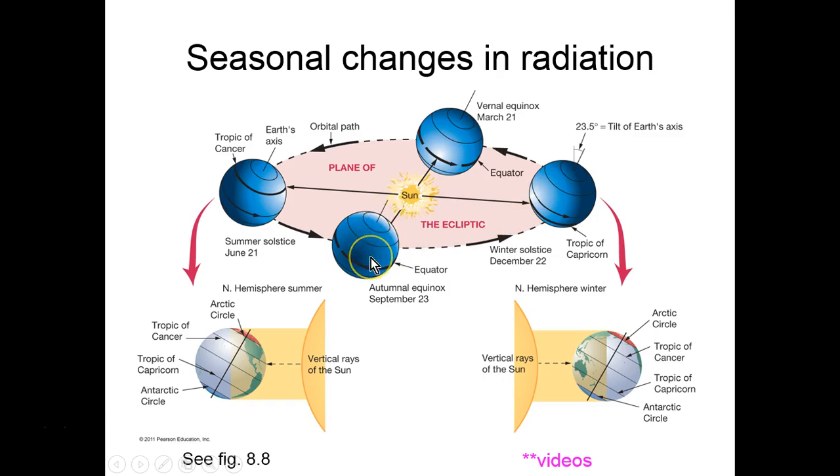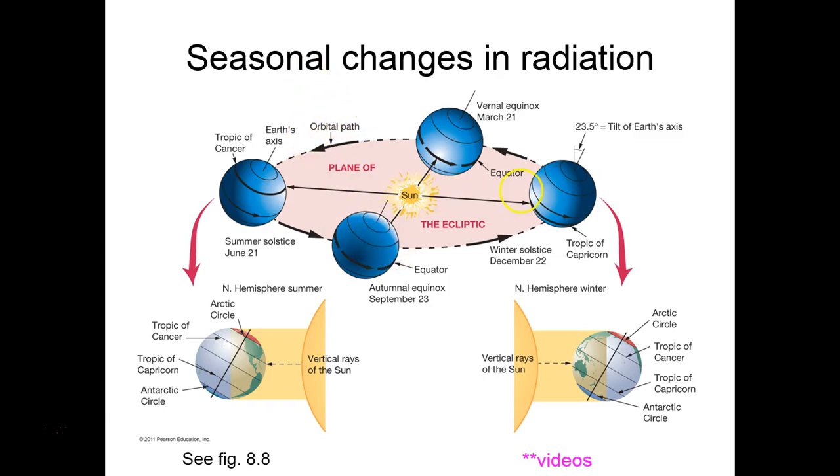So at the autumnal equinox, which happens on September 23rd in the fall, we have the Sun directed exactly at the equator, at 0 degrees latitude.